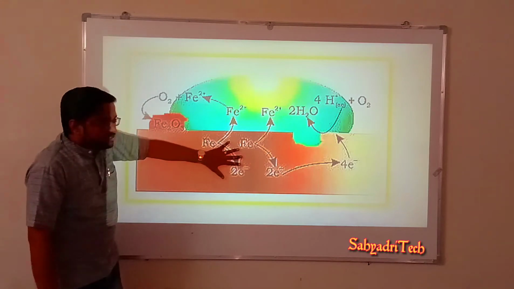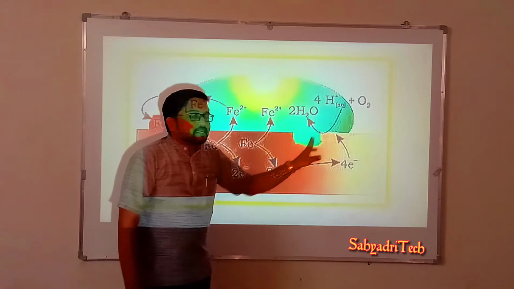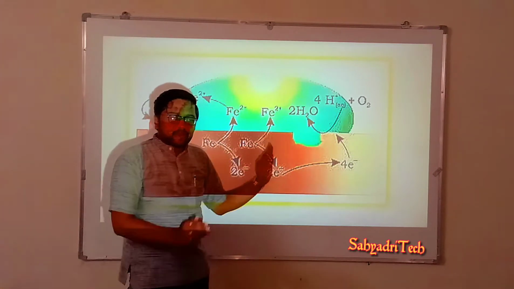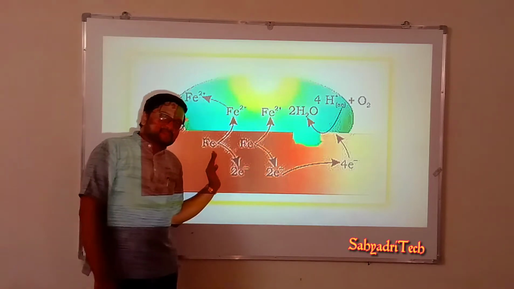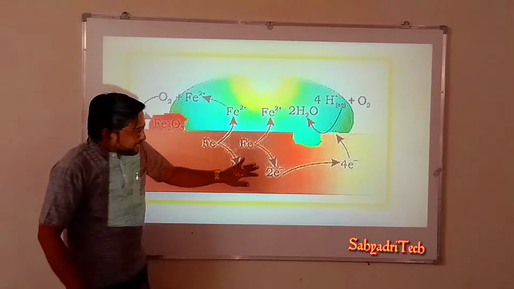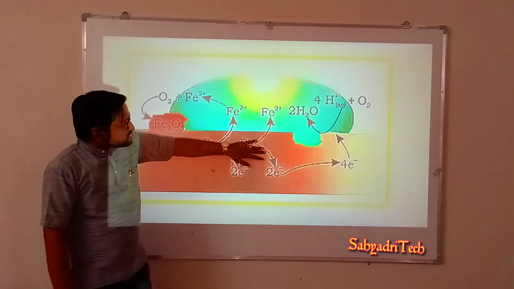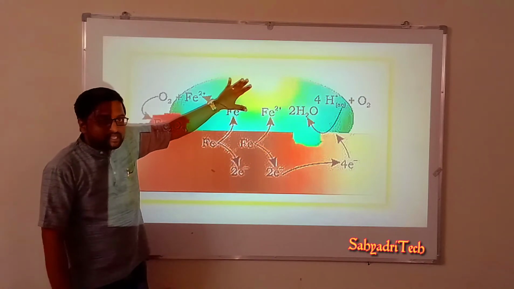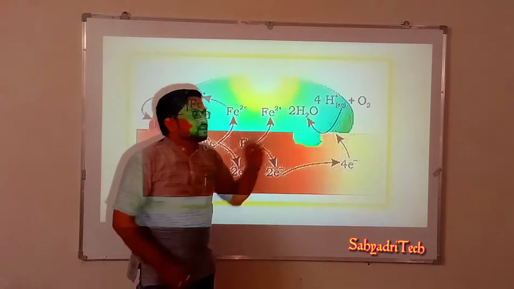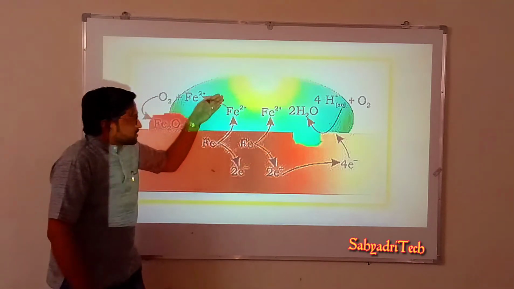The impure part of the iron acts as cathode. It means there are two electrodes. The pure part of the iron acts as anode and the impure part acts as cathode. And the moisture on the iron surface, when it comes in contact with moist air, that moisture containing dissolved carbon dioxide and oxygen acts as an electrolyte.